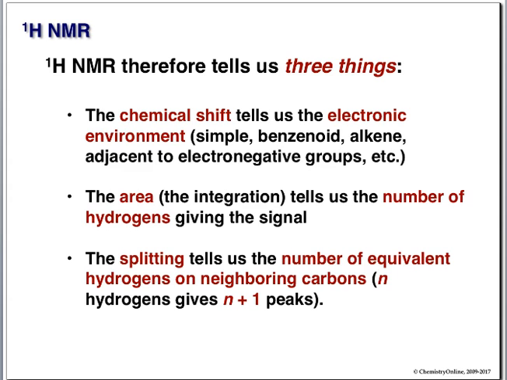N hydrogens next to it split to N+1 peaks. Pretty much the same we did for C13, except the area in C13 doesn't tell us anything because of the nuclear Overhauser effect.